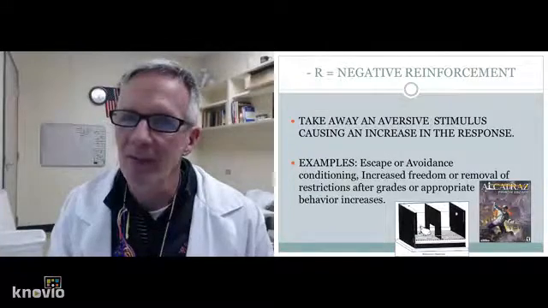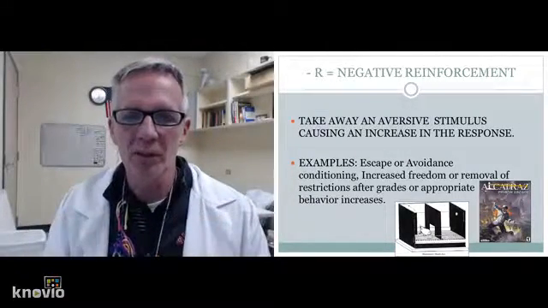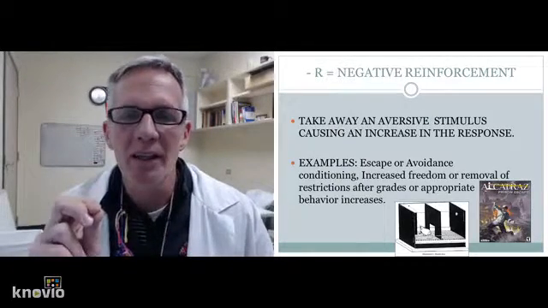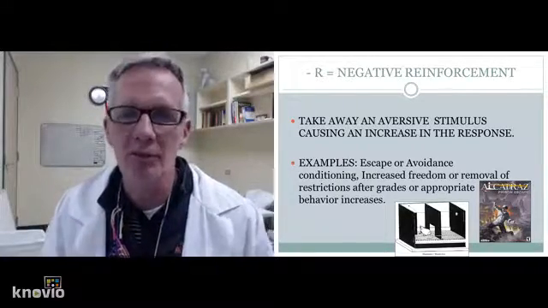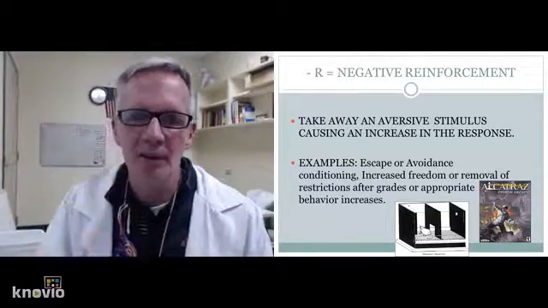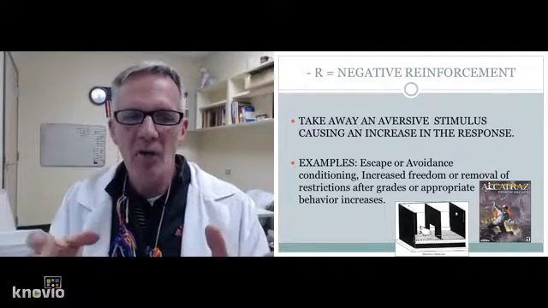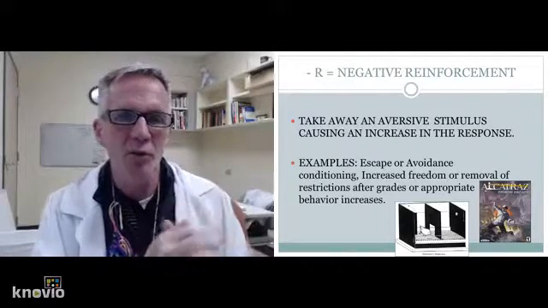Next, negative reinforcement. Taking away an aversive stimulus causing an increase in the response. Remember, negative means to take away. It doesn't mean a negative experience. So we're taking away an aversive, which means bad, stimulus. Examples, escape or avoidance conditioning. Down on the slide here, you'll see that there's a picture of a rat in a cage with a little door in there.